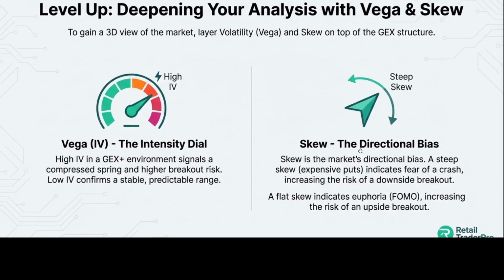The skew makes you a directional buyer. Maybe you can research how the Greeks function in the options market, but this is not so important for you right now, because what you have to know here is how to read the regime.